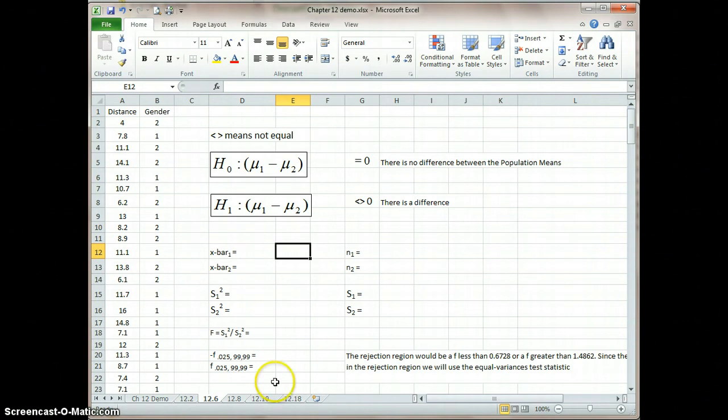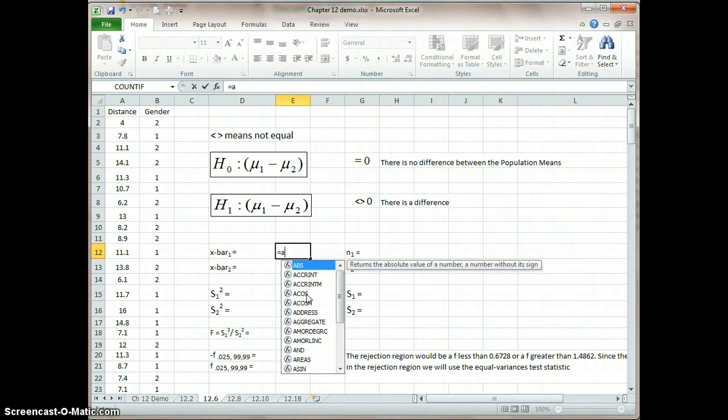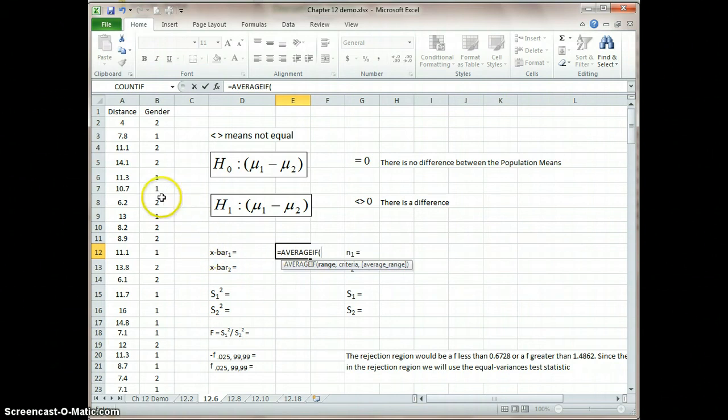So to begin with, we're going to calculate the average, or the x-bar, and this one's a little tricky because what we're averaging is in column A, but it depends on which gender in column B. So x-bar 1 is going to be for males equals AVERAGEIF.